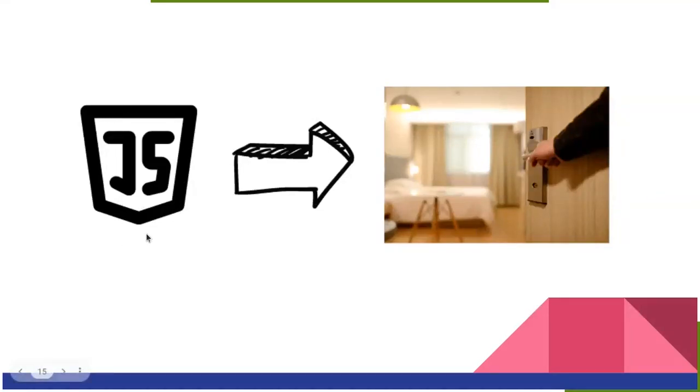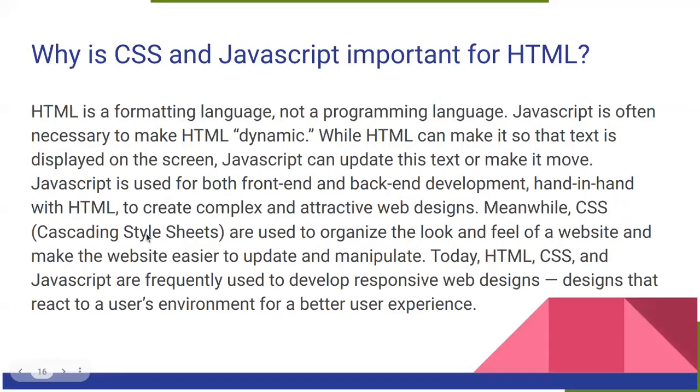Now we have covered HTML, CSS, and JavaScript. Now we are going to see why CSS and JavaScript are important for HTML. As I said, HTML is a formatting language, not a programming language. But JavaScript is a programming language, and it also makes HTML dynamic, which means it will dynamically generate the HTML DOM for the web pages.